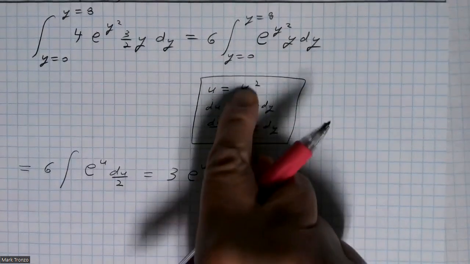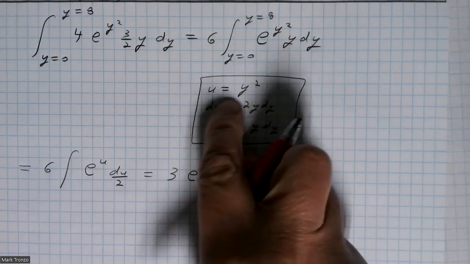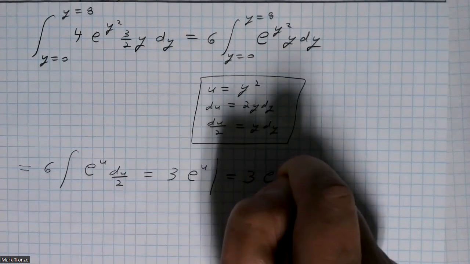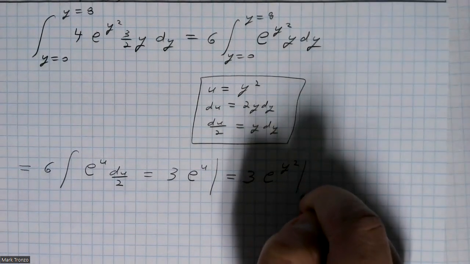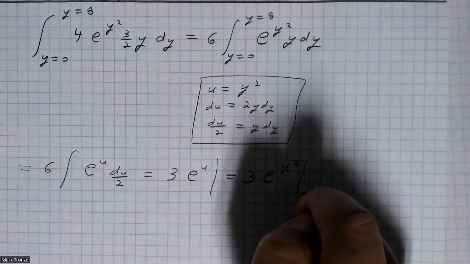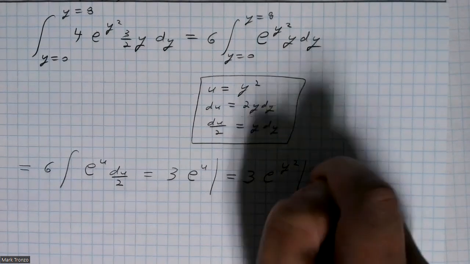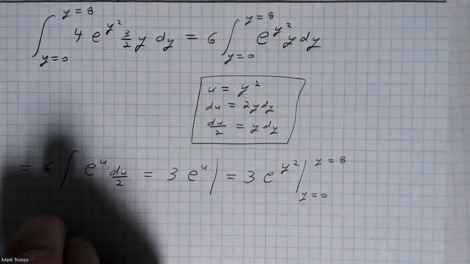Let me put the original function back in. This will be 3 e to the y squared, from y equals 0 to y equals 8.